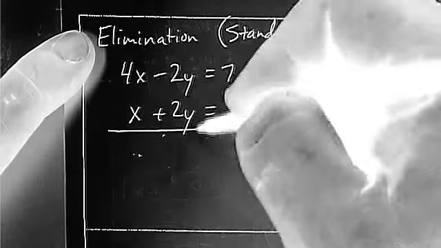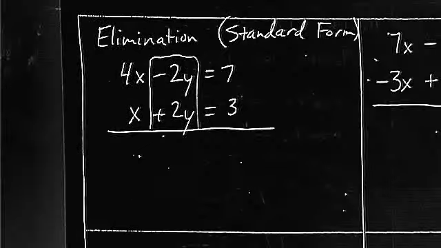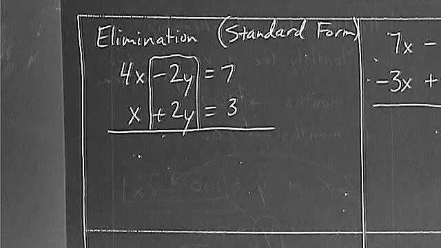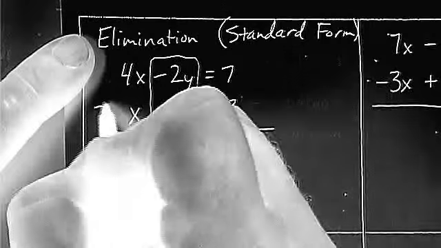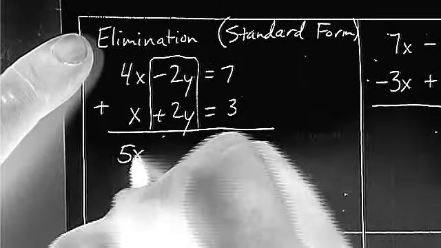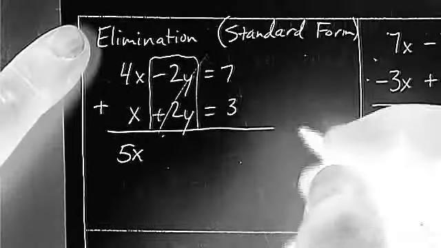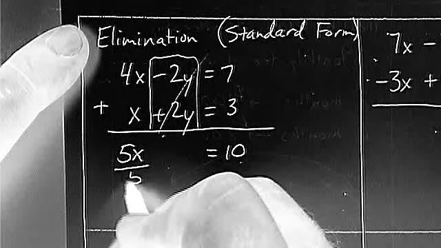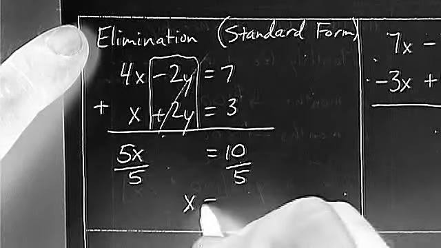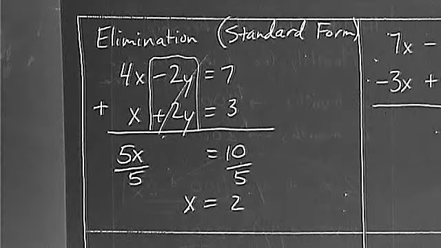I see that I have negative 2y and positive 2y. When I add those together, they are going to eliminate each other. So we're adding these equations together, which would give us 5x. Obviously, those disappear, and 10 on the other side, giving me a simple equation to solve so I can find out that x is 2.